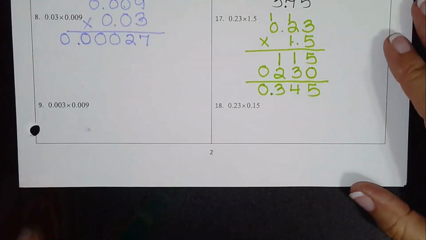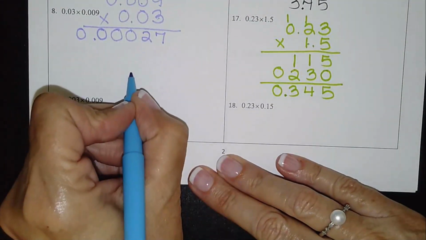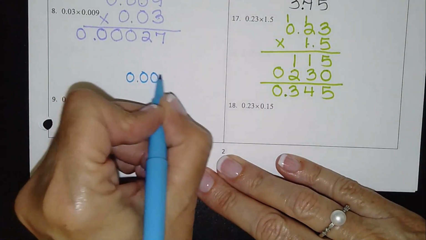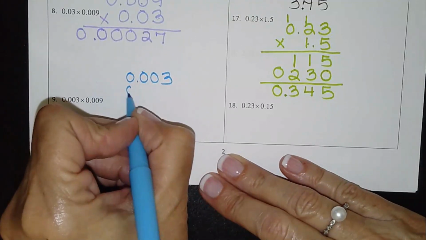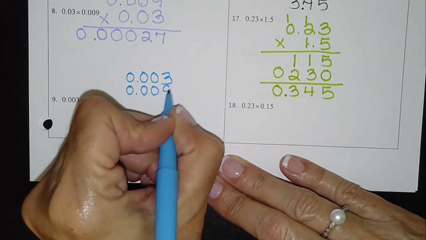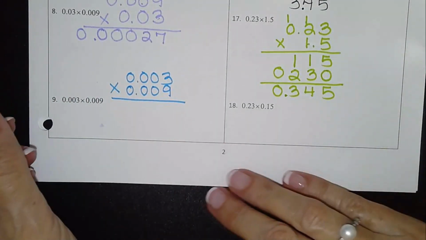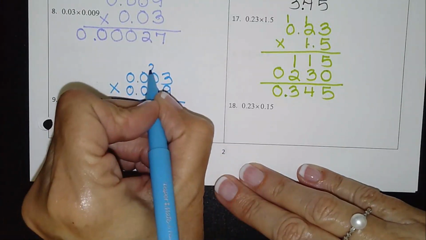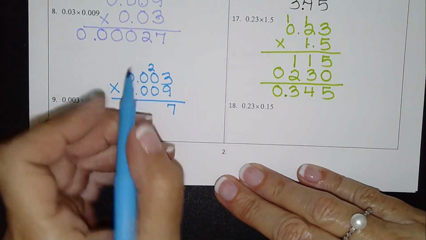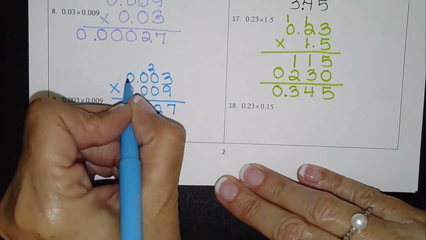Okay, last two. So 0.003 and 0.009. Again, 9 times 3 is 27. Carry our 2. 0 plus 2 is 2. 9 times 0 is 0. 9 times 0 is 0.